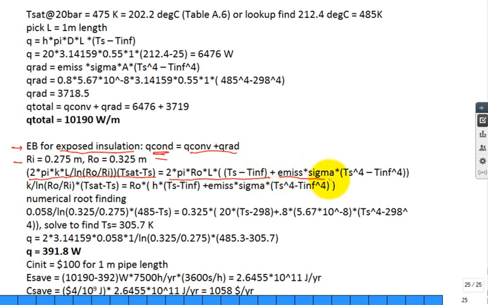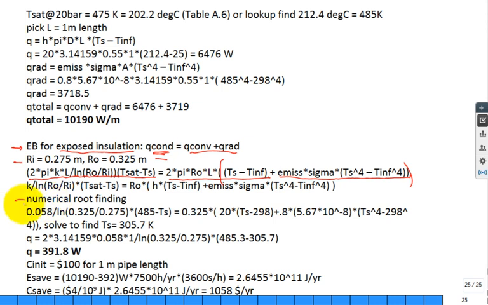The emissivity, Stefan-Boltzmann constant, Ts minus T infinity. I guess that equation wraps around because I don't see my area in there. I must have left it out. I'm just typing these things up. I need my 2 pi R naught L. Or no, that parenthesis goes all the way over. That's what happened. I tried to simplify the equation a little.